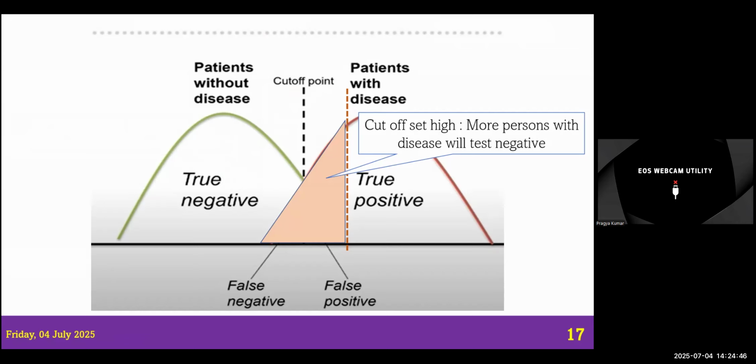But again, with more sensitivity, there will be chances that you are labeling many normal people as false positive. Similarly, if you increase the cutoff, there will be high specificity, but you will be labeling people who actually have the disease as not having the disease, which is false negative.